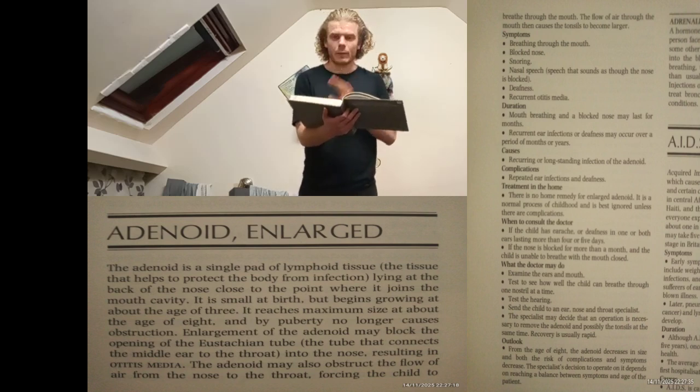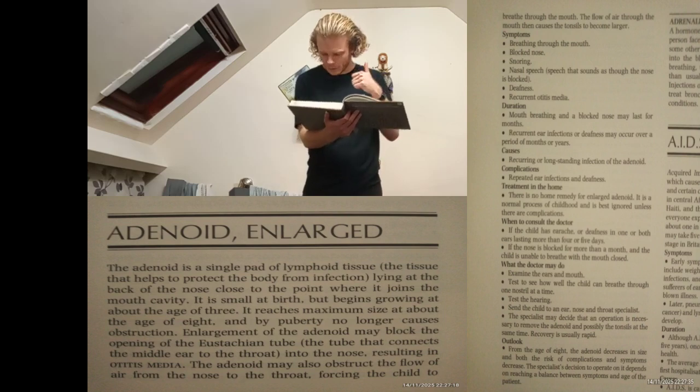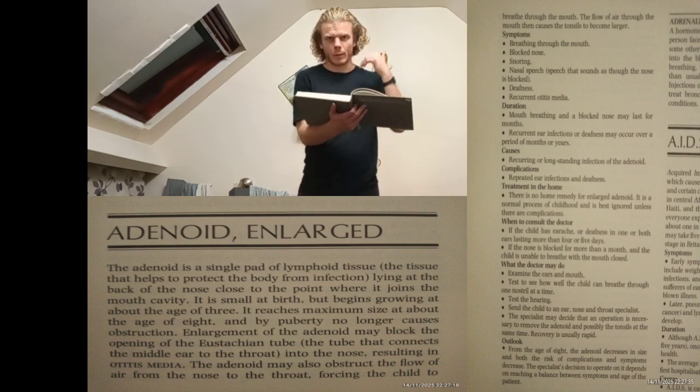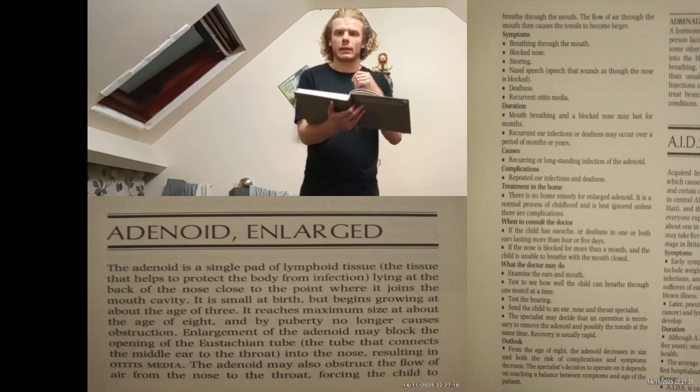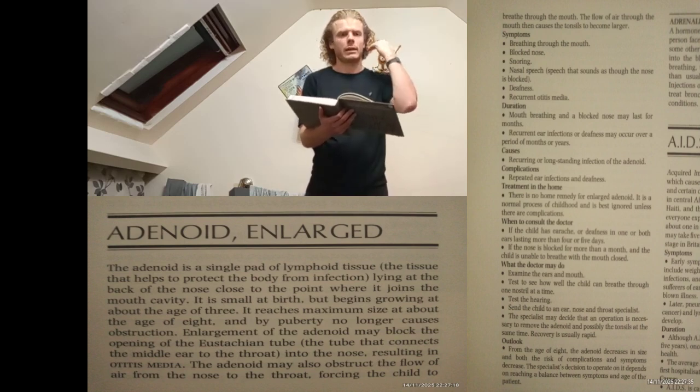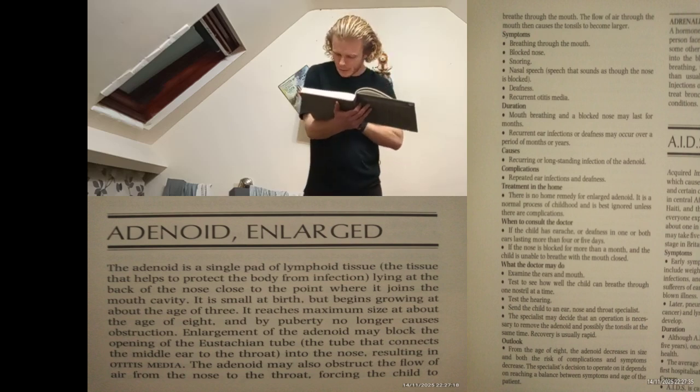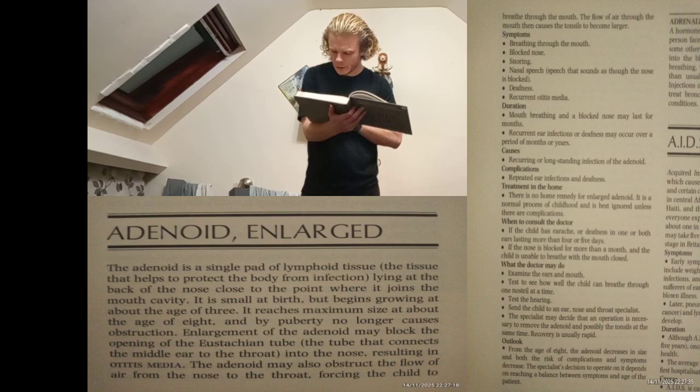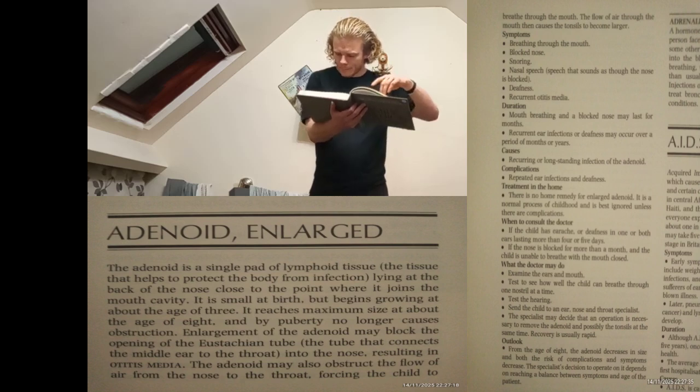The adenoid is lymphoid tissue. It is at the back of the nose, close to the mouth cavity. It is tissue that helps to protect the body from infections. And if it is enlarged, the Eustachian tube, the tube that connects the middle ear to the throat, may be blocked.